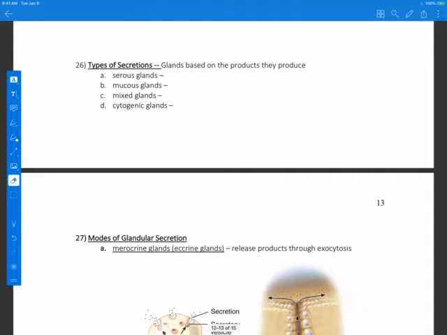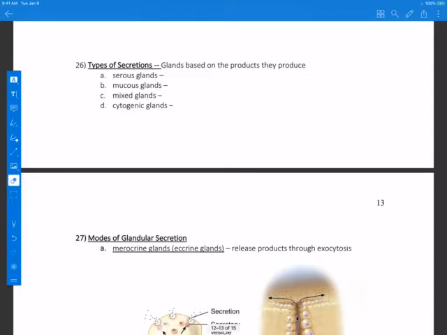Okay, so another type of gland based on the type of secretion would be a mixed gland. A mixed gland contains both cell types, and they produce a mixture of the 2 types of secretions. So it could have both serous and mucus secretions.